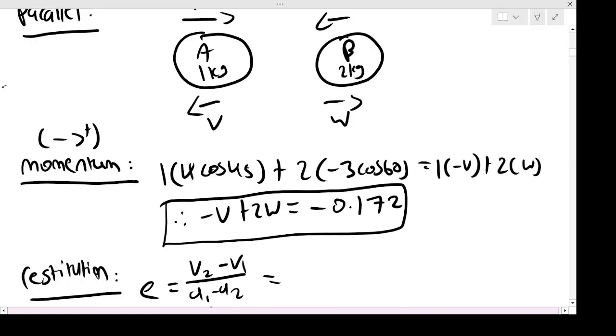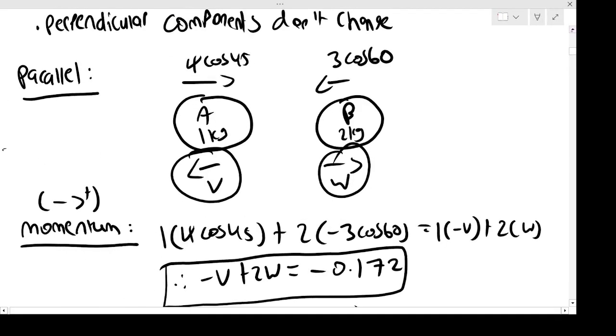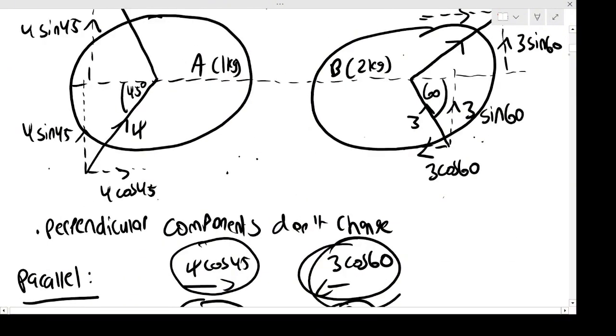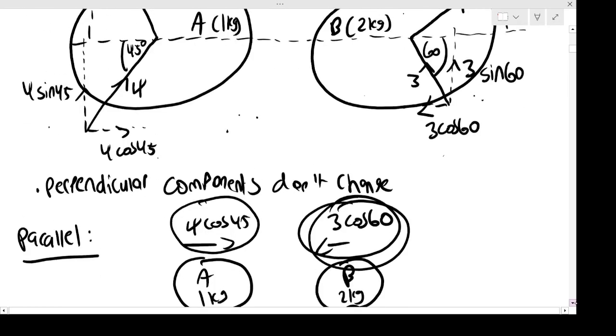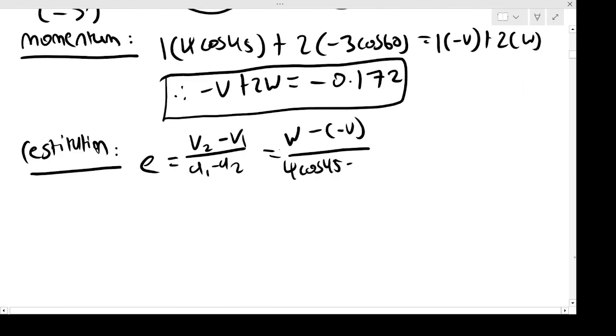So if I calculate e here, v2 is w, take away v1. Now v1 is v, but it's going to be minus v because it's in the negative direction. Then u1 is 4 cos 45 and u2 is 3 cos 60. So 4 cos 45 take away 3 cos 60, but that's in the negative direction, so we're going to negate that.